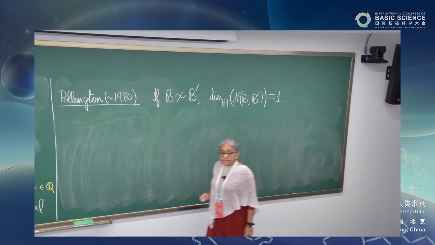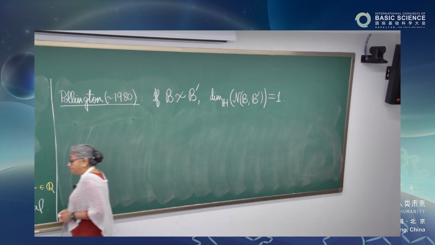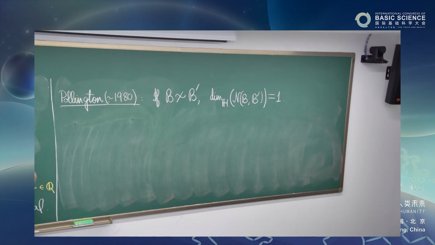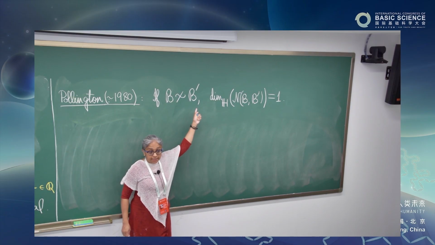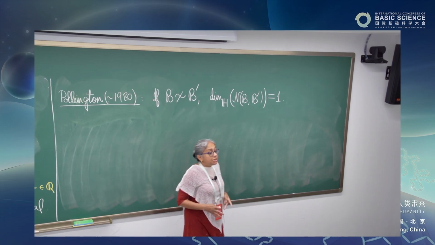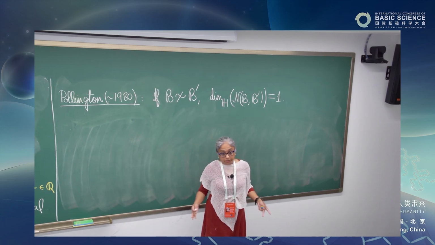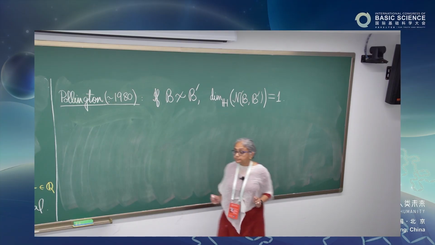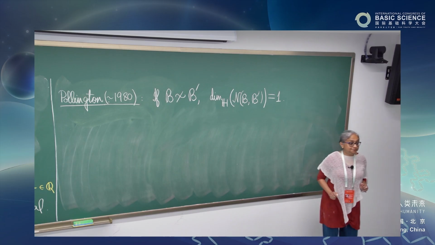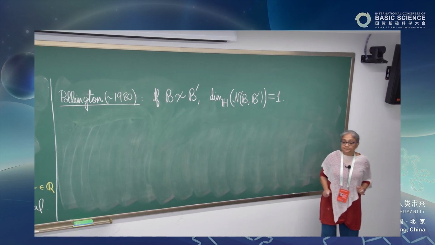In other words, these are of course Lebesgue null sets if script B prime is non-empty, but they are about as large as it's possible to be on the real line. Questions? Yes.